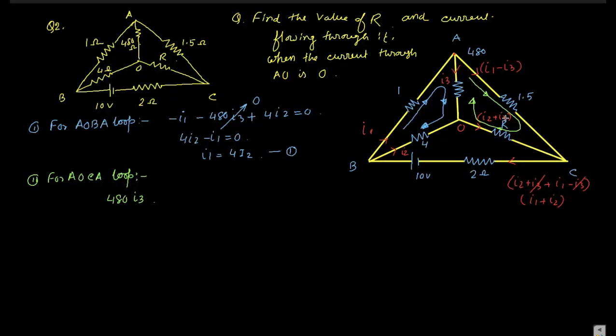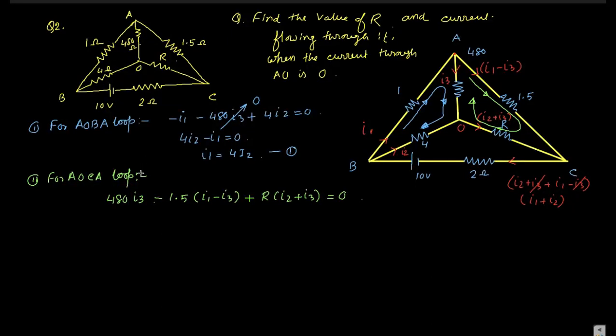For AC, this is the direction of the current and this is the path, so it becomes minus 1.5 into I1 minus I3. Then for R, the direction of the current and the path are the same, so it becomes plus R into I2 plus I3 is equal to 0.